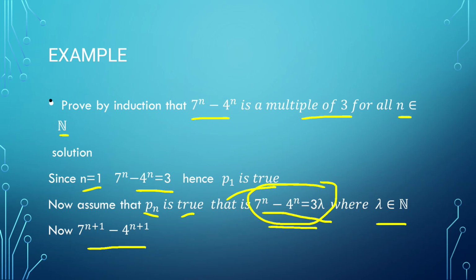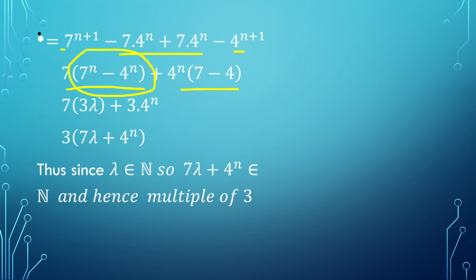Okay, so substituting back, we have that, and this gives us 3, meaning if we factor out, we'll have 3 outside there, and we have this. But you know lambda is a member of the natural set.